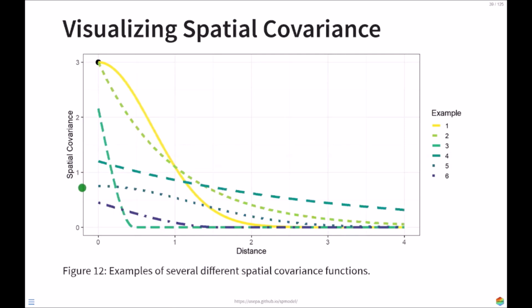That matches intuition. They can decay at different rates. So we have some that start at higher values of the spatial covariance and then decay to zero quickly. We have some that are more smooth, and so on and so forth. So again, the important takeaway is that there are different ways to describe this spatial covariance using different functional forms that contain parameters that we can actually estimate from our data.